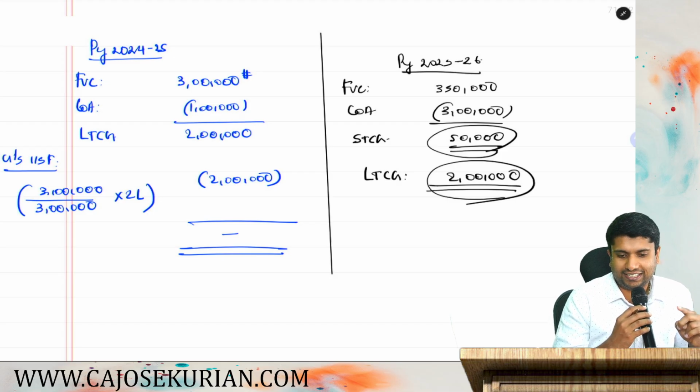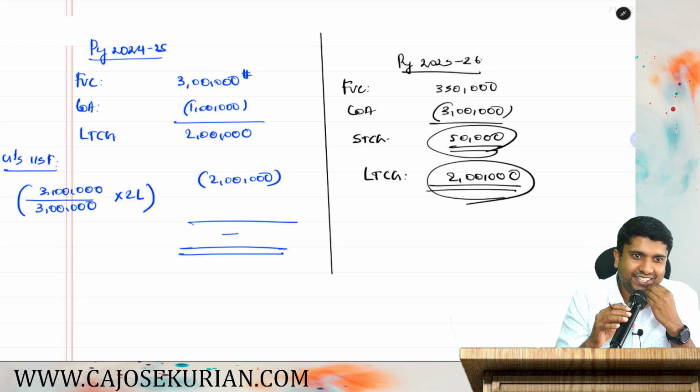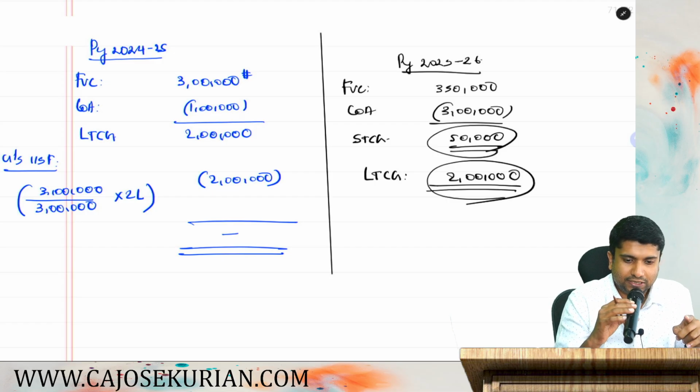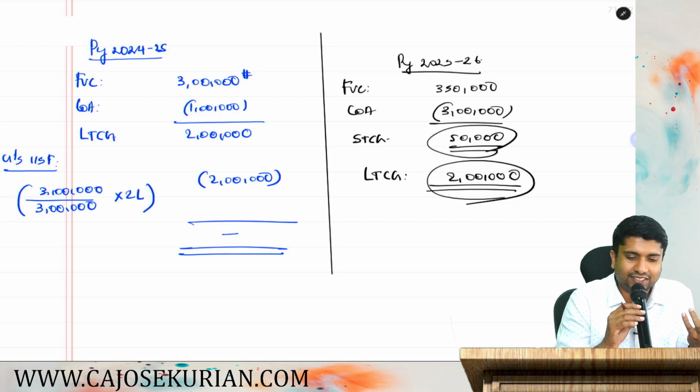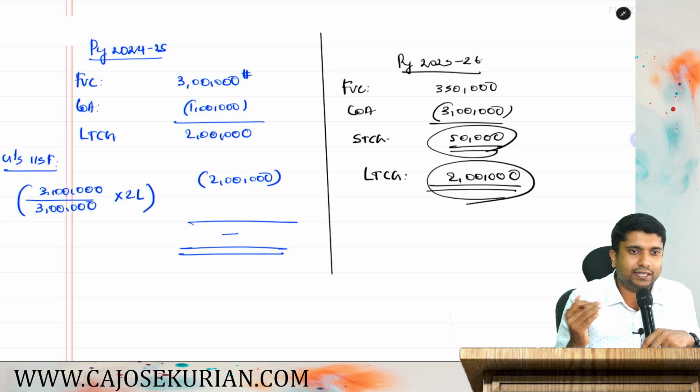Now, one more thing should have been done over there. What is that? See, since he is a non-resident and purchased the shares in foreign currency, you have to do that first proviso to section 48, conversion, reconversion. But in the question, they are clearly saying that conversion and reconversion, first proviso to section 48, you can ignore. If it is not there, then they will give TTBR and TTSR.